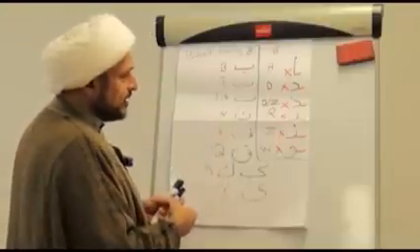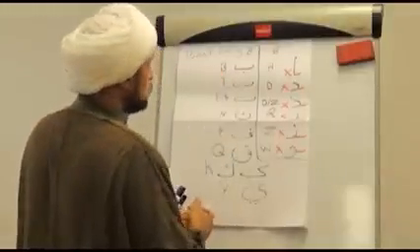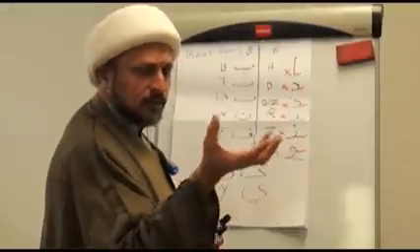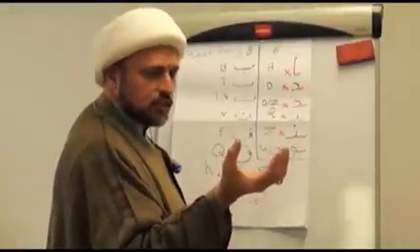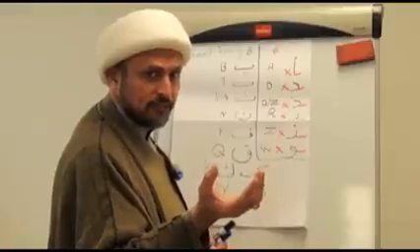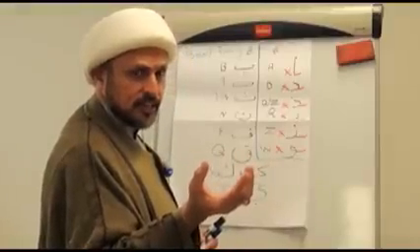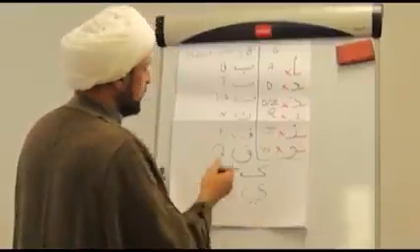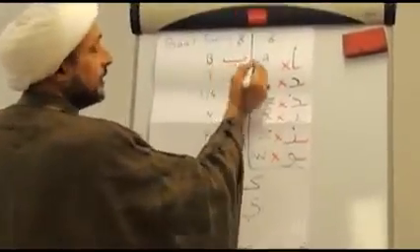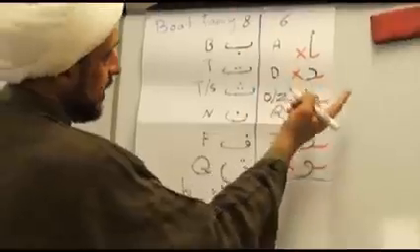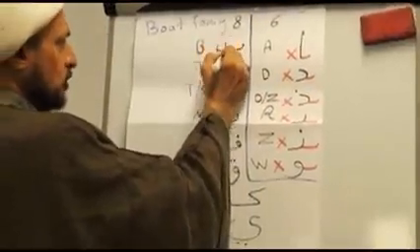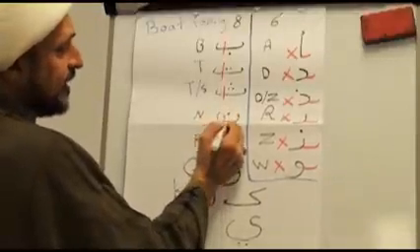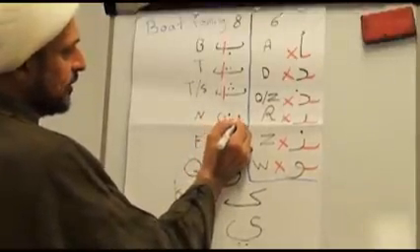Some of them, the tub type letters, we're going to make straight. They connect from both sides, from the left and from the right. So you cut the tail and stretch it.